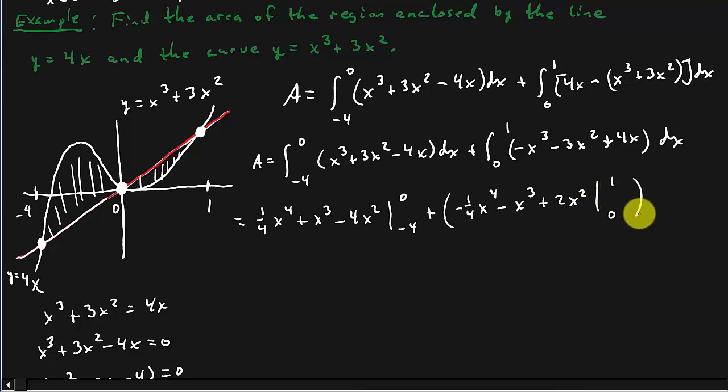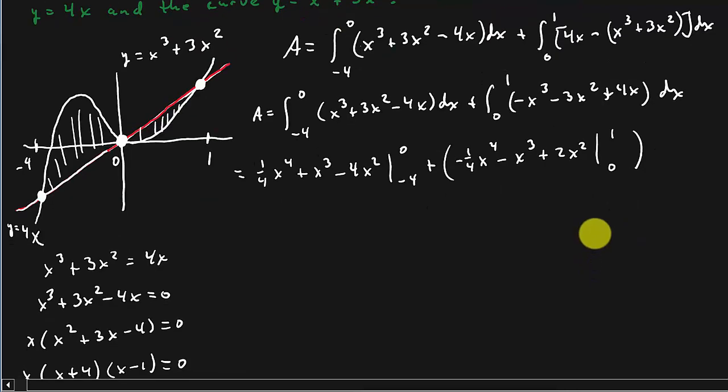All right. So now we've got to plug all this in. So that's going to be 1/4 times 0 to the 4th plus 0 cubed minus 4 times 0 squared. Okay, minus, and now it's minus the whole thing, so we plug the -4 in.